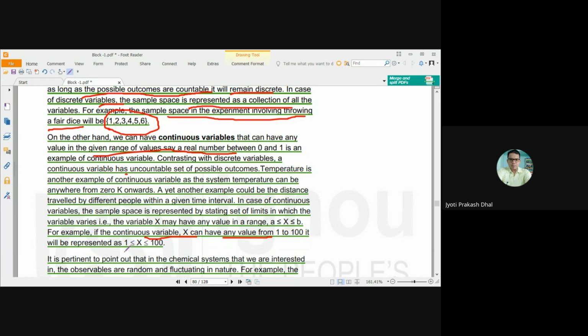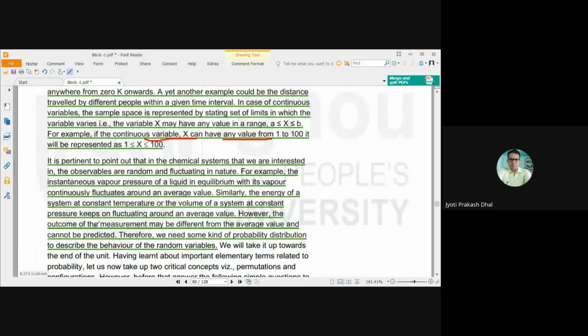How can you represent that? It can be represented as 1 less than or equal to x less than or equal to 100.